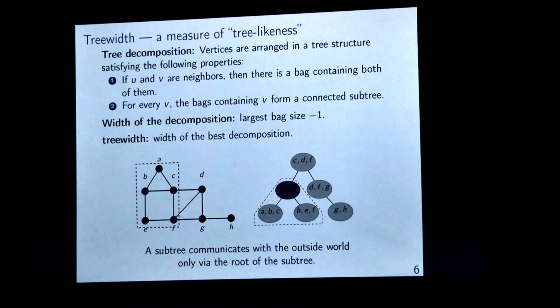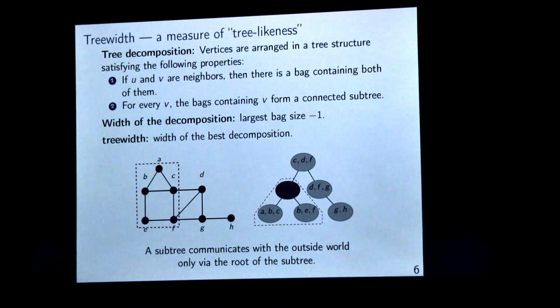Now, what is the idea? If you look at this tree decomposition and look at a particular bag and the graph consisting of this bag and everyone below, then this subtree communicates with the outside world only via the root of the subtree.